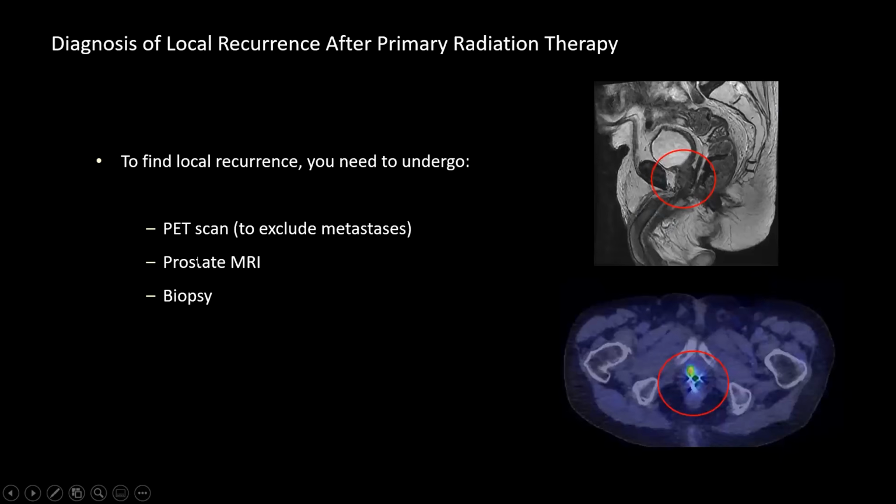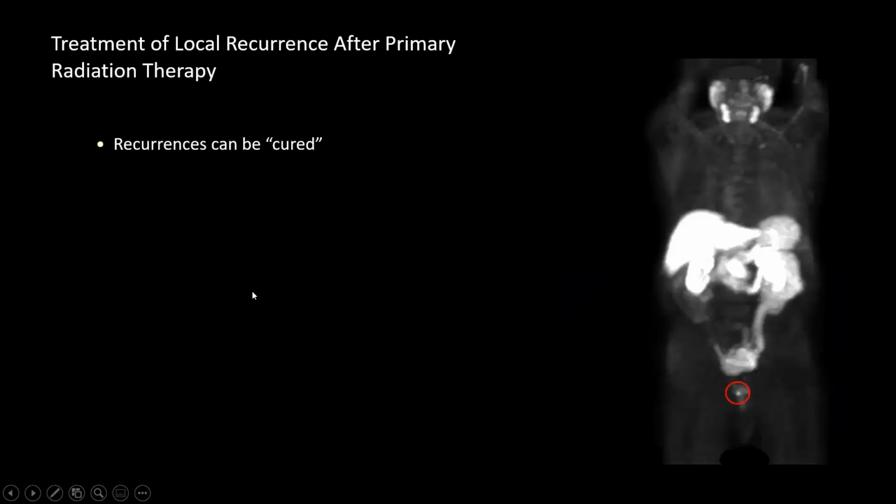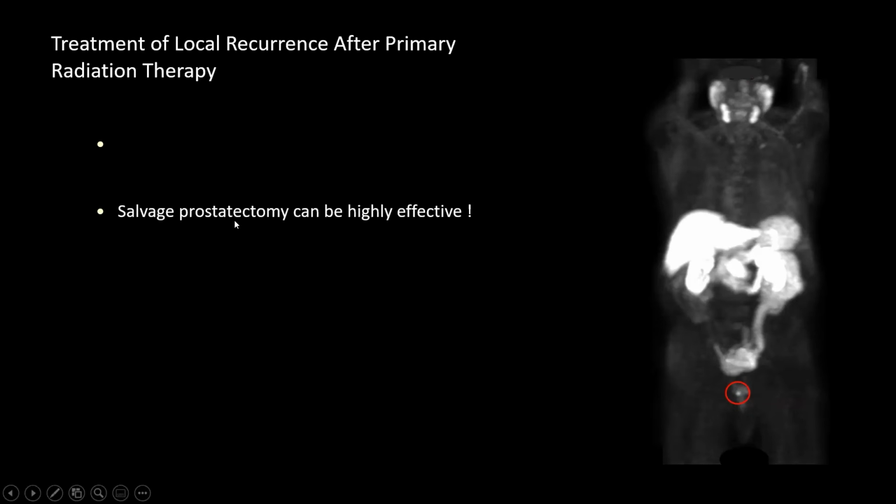To find local recurrence, once again, you need a PET scan, MRI, and a biopsy. These recurrences can also be cured. Sometimes we will actually tell the patient that we need to remove the prostate, and removal of the prostate after radiation is both feasible and it can be done very safely with excellent function still remaining in the patient.